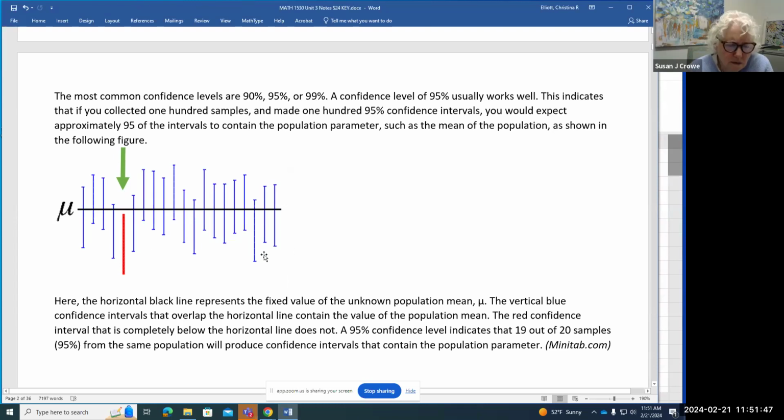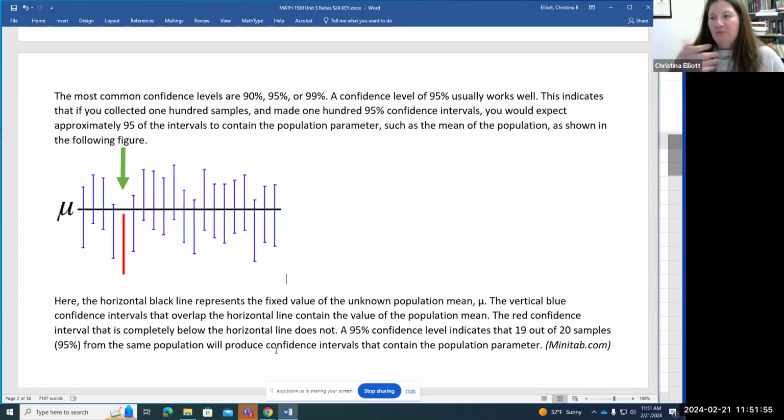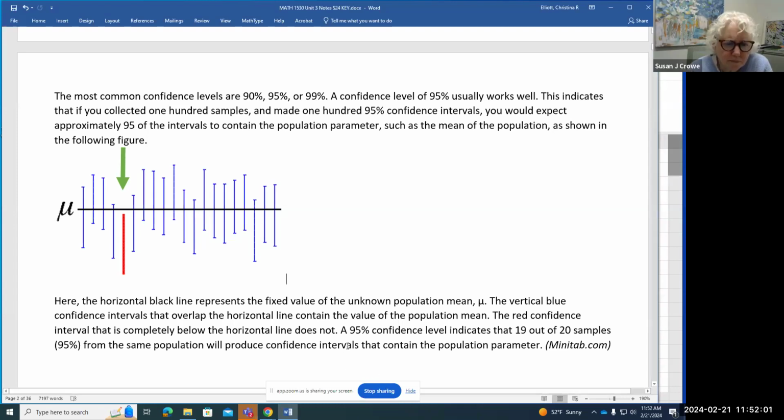That's just one out of the 20, which means that 95% of the samples I collected created confidence intervals that contain the true population parameter.